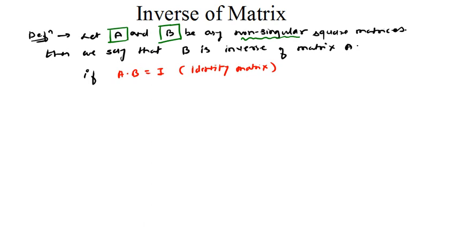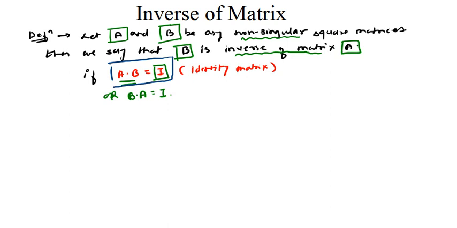Then the second matrix B is said to be the inverse of matrix A if the multiplication of A into B is the identity matrix, and also the multiplication of B into A is the identity matrix. If this condition is satisfied, then we say that matrix B is the inverse of matrix A.